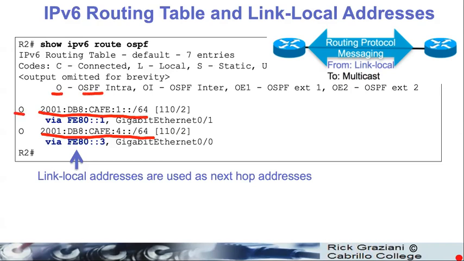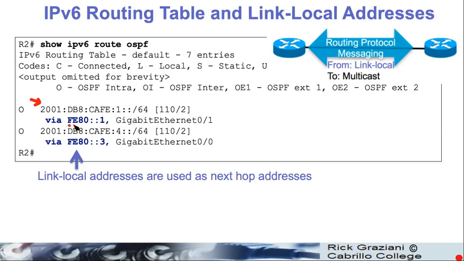But what I want to show you here is the address of the next hop router. When this router gets packets that belong to this network prefix, it will forward them via this next hop router.